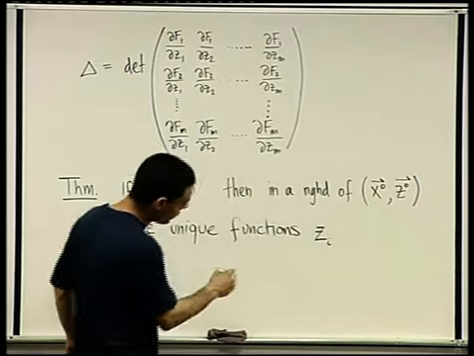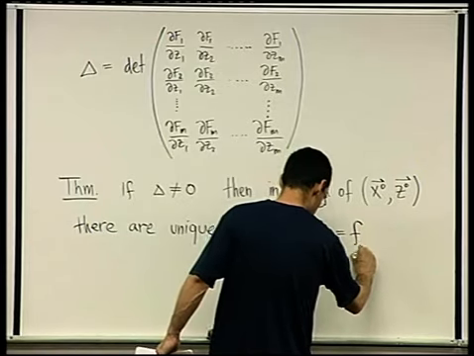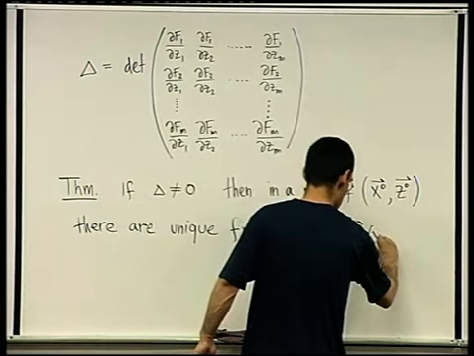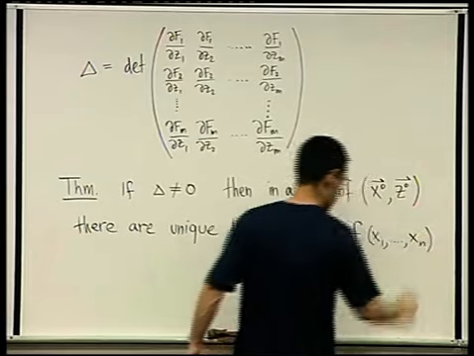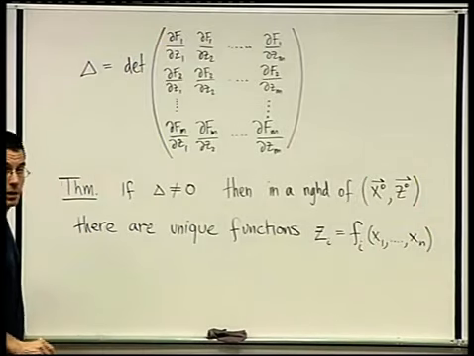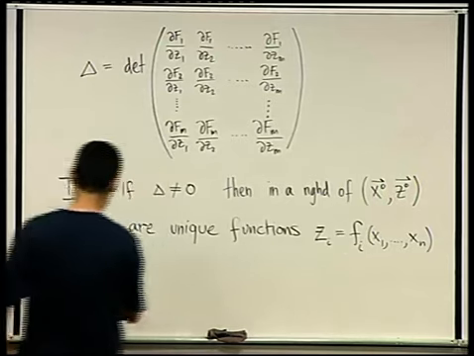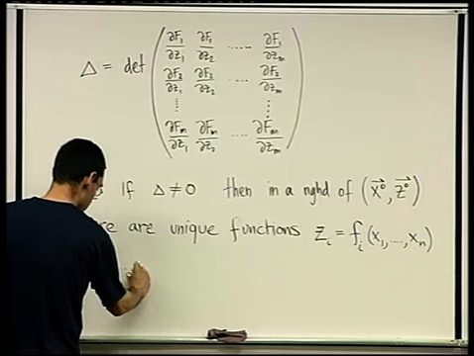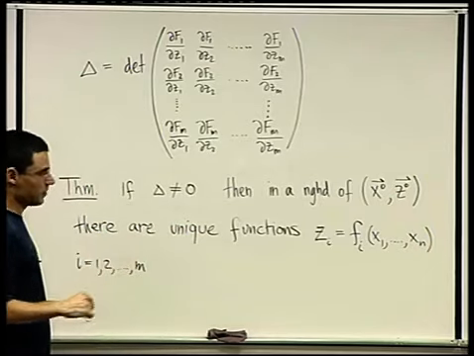Zi, each of the z's can be expressed as a function, which we're going to call fi, of the x variables, of x1 up to xn. Okay, Zi equals fi of x1 up to xn, where i ranges from 1 all the way up to m. So there are m implicit functions here.